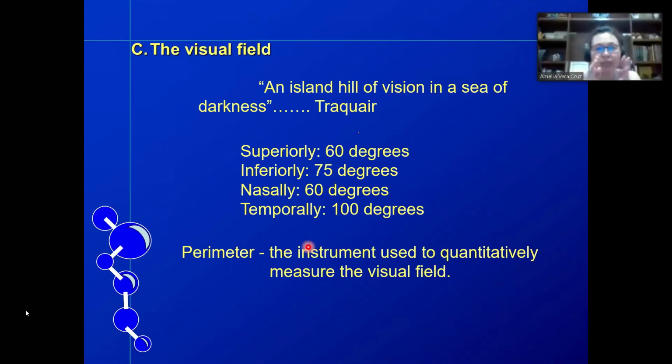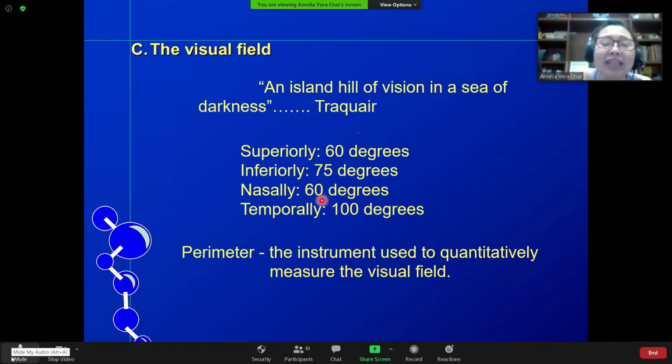So, your visual field, okay, if you cover one eye, superiorly, you can see up to 60 degrees. 60 degrees lang kasi because of our supraorbital bone here. Limited siya. Inferiorly, 75 degrees dahil sa ating cheekbone. Nasally, dahil sa ating ilong, lalo na pag matangos ang ilong mo. Siguro sa Pilipino, pwede ito maging 70 kasi pango.